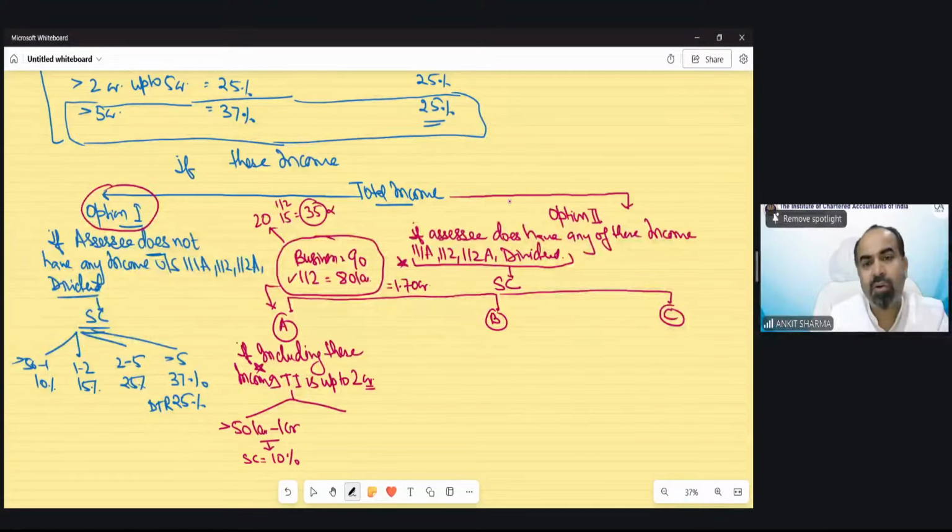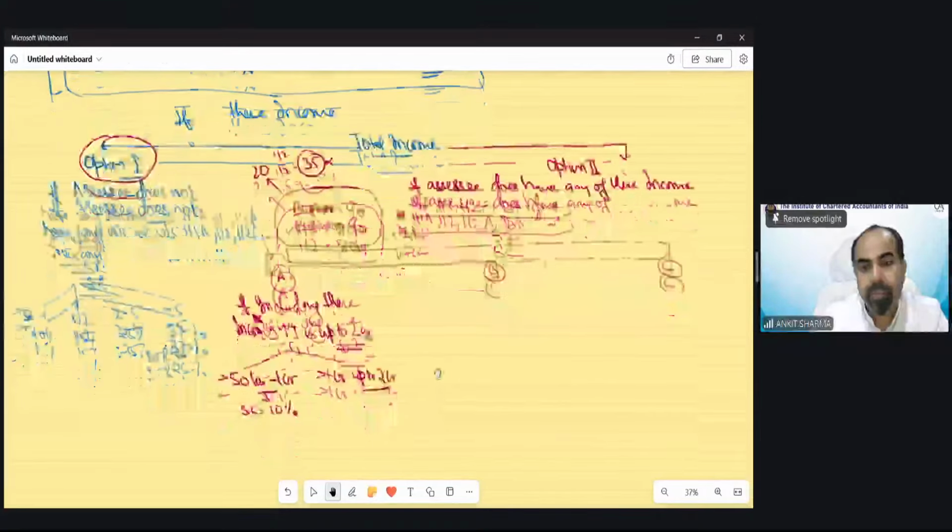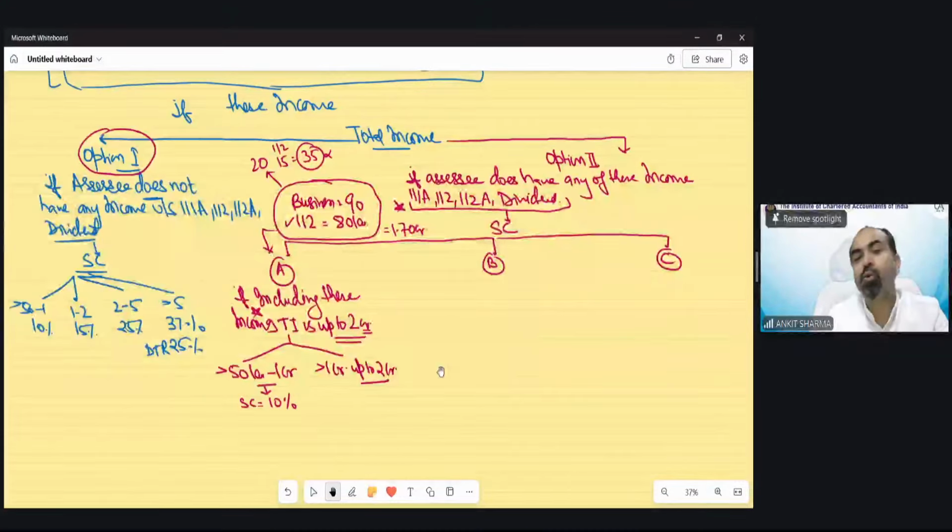Whatever tax would be on the total income, the surcharge would be 10% of that. If after including, it's exceeding 1 crore but up to 2 crore, because in category A only those cases will fall where your TI does not exceed 2 crore rupees, then the surcharge rate would be 15%.